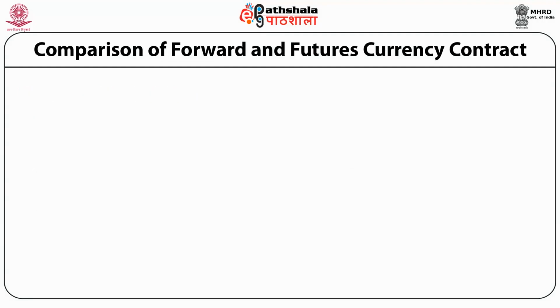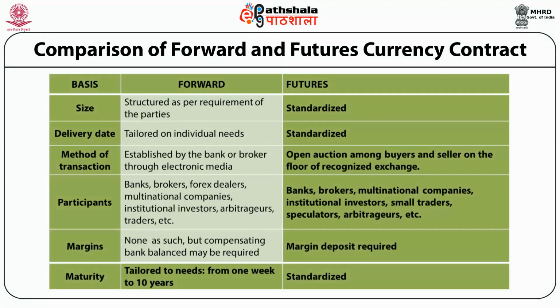Let us take a glance at a comparison of forward and futures currency contracts. On the basis of various parameters like size, delivery date, method of transaction, participants, margins, and maturity, there are differences in the forward and the futures currency contracts.